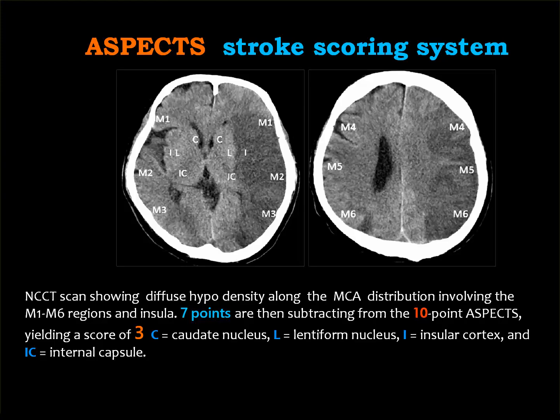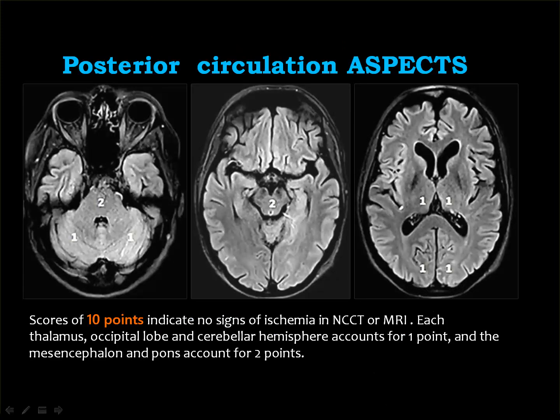But if more than 3 areas are affected, systemic thrombolytic material is contraindicated, because this will result in bleeding in other sites. Many times when they give the patient the systemic thrombolytic agent, he bleeds either in the brain or at any other site in the body. And this is the value of this ASPECTS score.